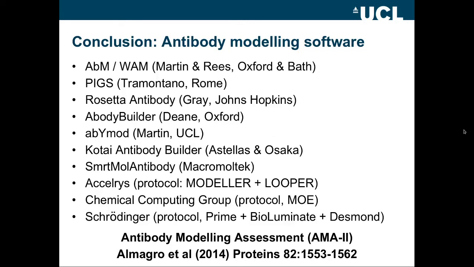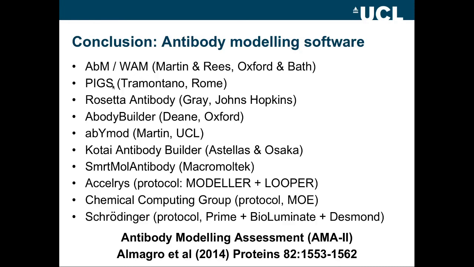In conclusion, there are lots of different pieces of software for modelling antibodies. So one of the first automated methods was called ABM, and that was based on software that I developed during my PhD. WAM was another related system based on the same underlying code. So ABM was commercial and WAM was web-based.